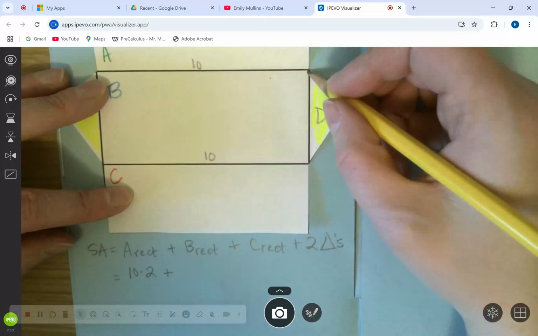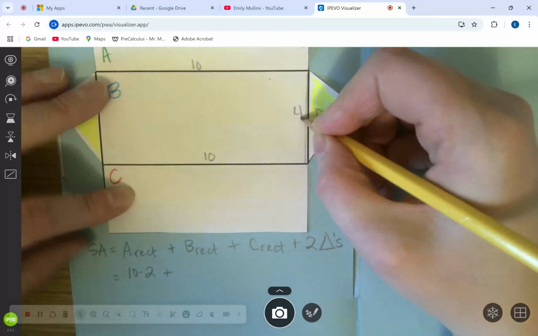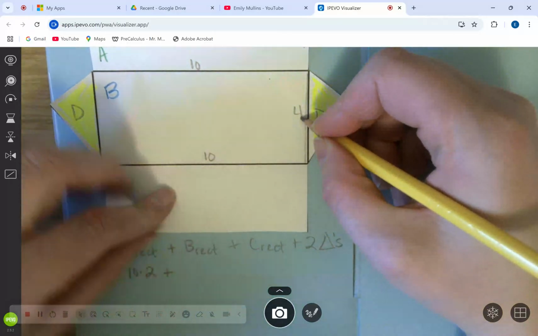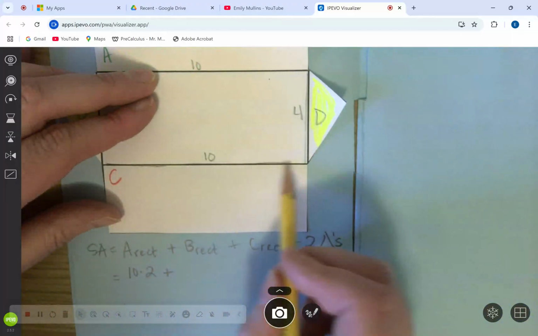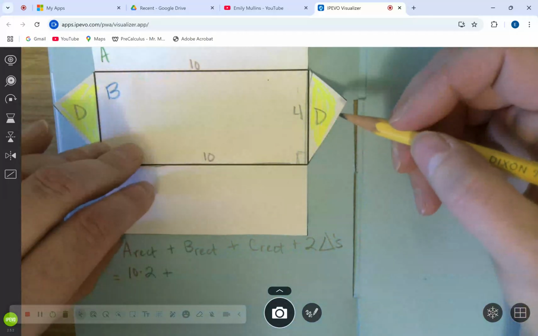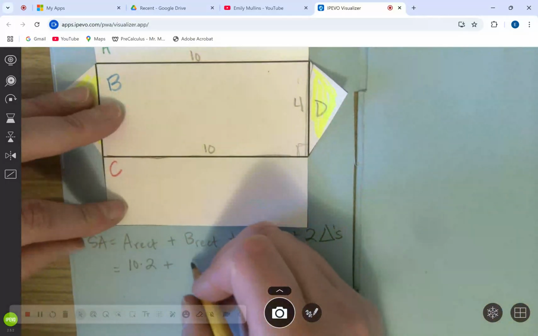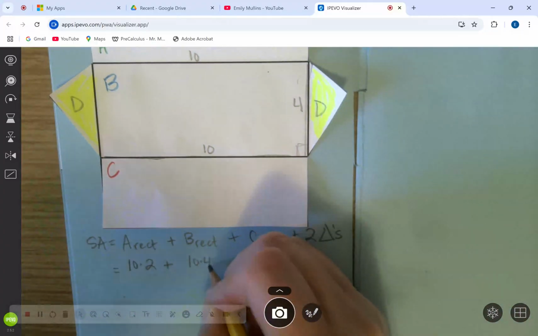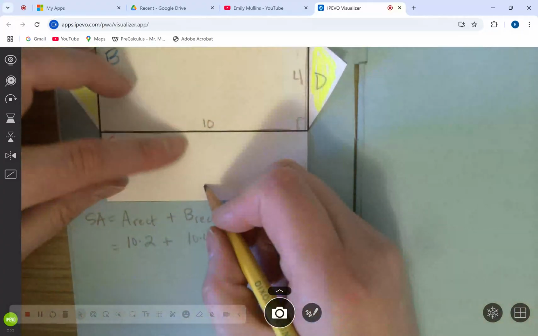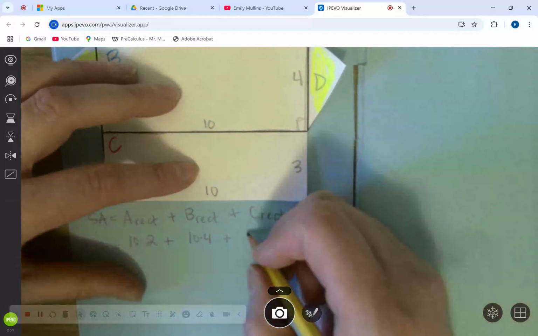But this time when I measure the number of centimeters in this direction, I get 4. So remember, this is my length, this is my width, they're forming that right angle. They're perpendicular to each other. We're always looking for the two numbers that are perpendicular. So rectangle B is going to be 10 times 4. And then rectangle C is 10 times 3, because my height's going to be 3.